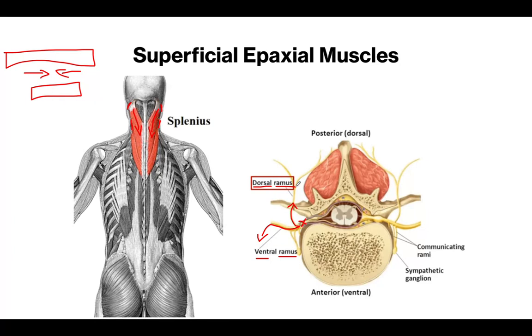Rami, R-A-M-I, is the plural. All of these dorsal rami, this branch that's going in the dorsal direction of the body for cervical and thoracic regions, are going to be stimulating and innervating this muscle.